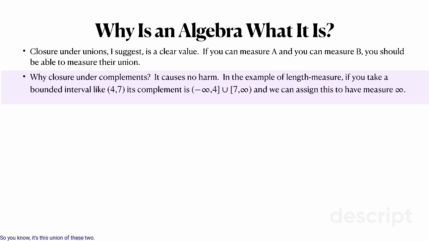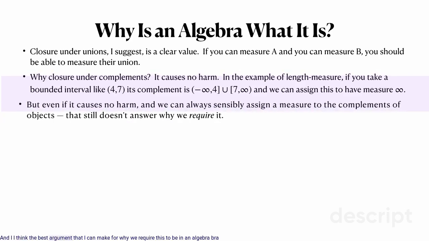So it's this union of these two interval rays, if you like. The point is that we have a pretty obvious thing that we're going to say the measure of this is. It's infinity, right? It goes off to infinity. So when thinking about length measure, that should have measure infinity. So that kind of shows you that because we can assign it measure infinity, there's really no problem in having this among our measurable subsets. That doesn't really say why we require it, though. It just says why it causes no harm to have it.